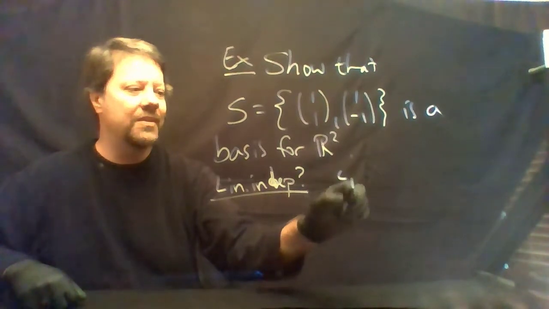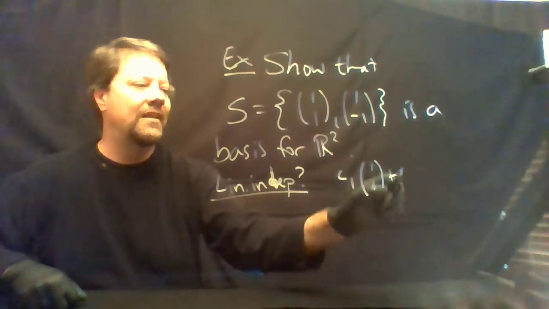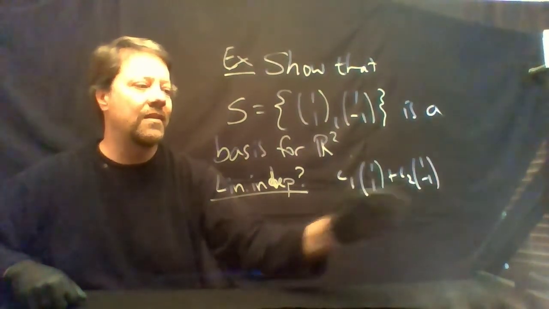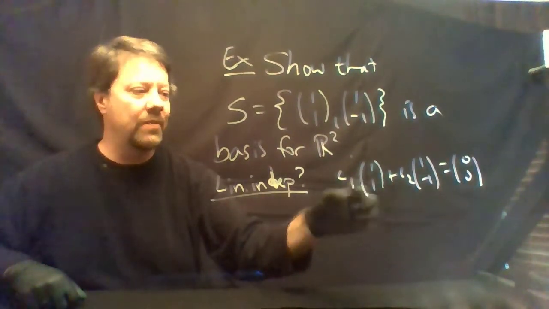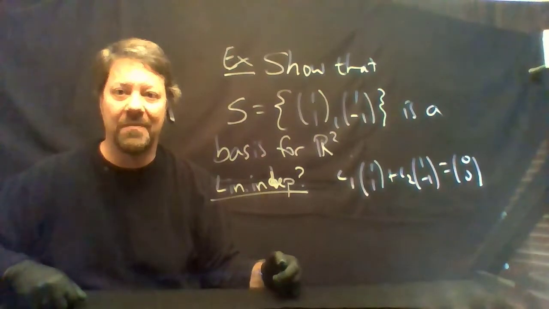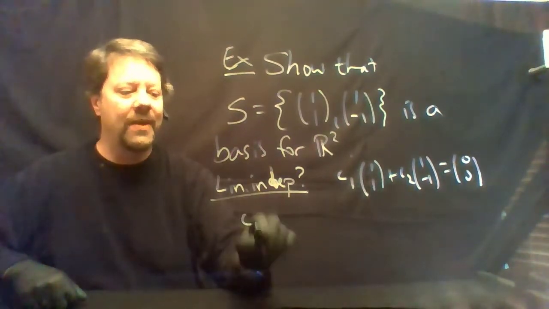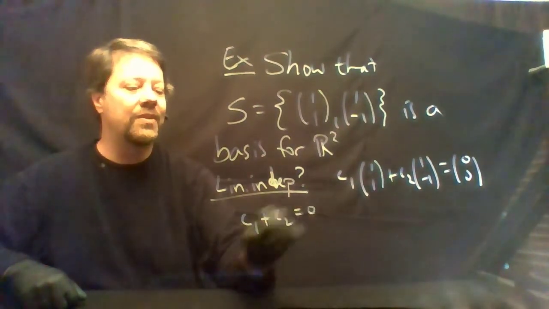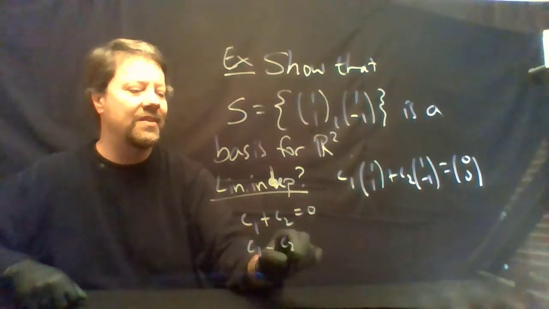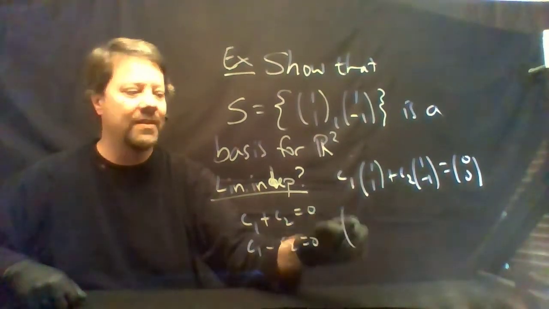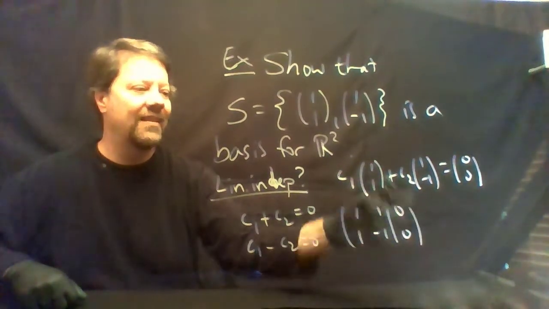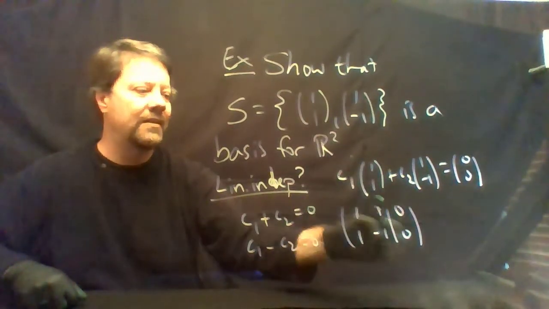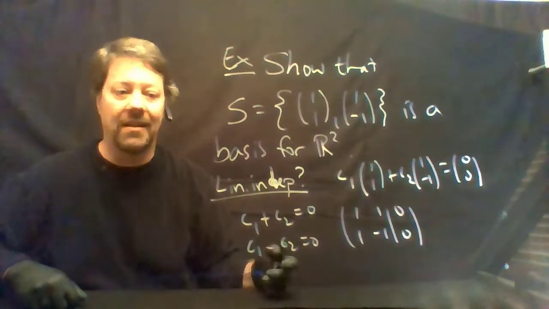In other words, do there exist constants C1 and C2 that are not 0 that give you the 0 vector, or do C1 and C2 have to be 0? We get a system of equations C1 plus C2 equals 0 and C1 minus C2 equals 0, which of course becomes the augmented array given by these vectors down the column and 0 down the last column.